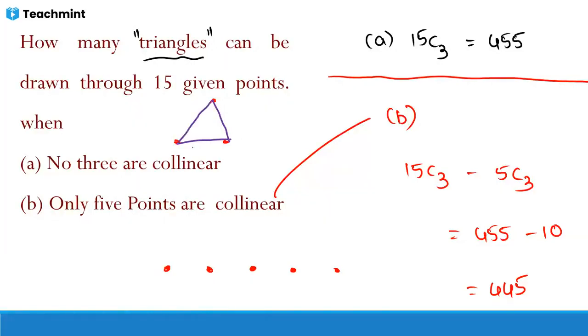Whatever 3 points you select, joining them, we get a triangle. Whereas here 5 points are collinear, so joining 5 collinear points, a triangle cannot be formed. We should remove it, which gives 445. But in detail, let's see the B question.